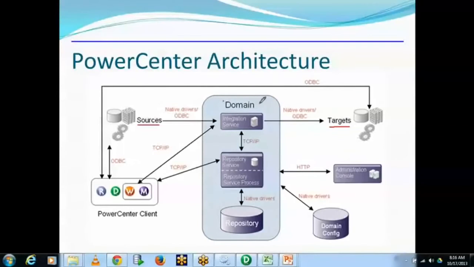Domain is the base foundation of the Informatica installation on which all of these services are built. The connection between the various kinds of sources and targets is based on either their own specific native drivers or ODBC connections.